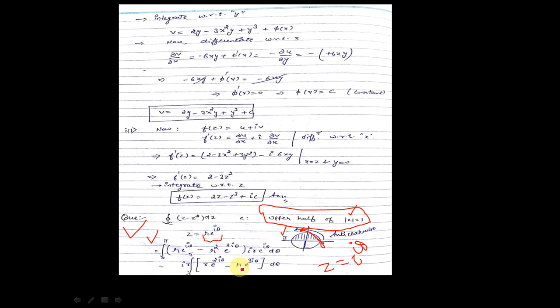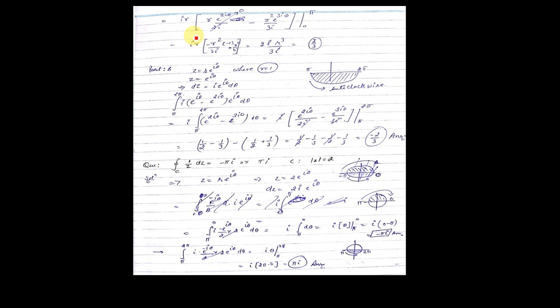In the next part we are required to do the same integration, but this time from pi to 2 pi, that is the lower half of the circle, taken in the anti-clockwise direction. The limits will change to pi to 2 pi.